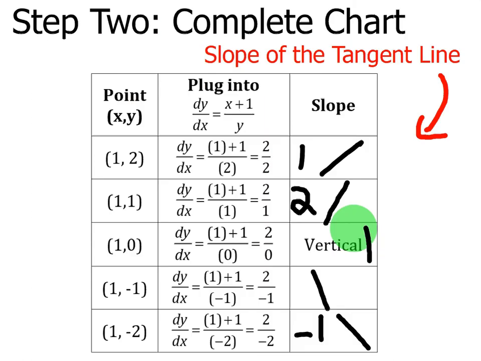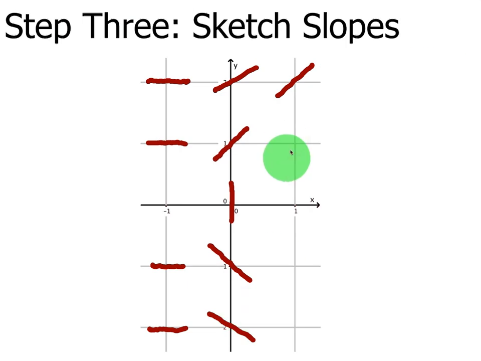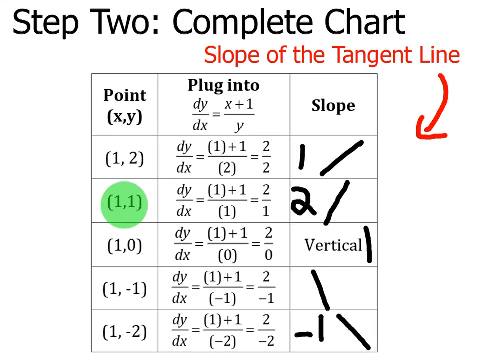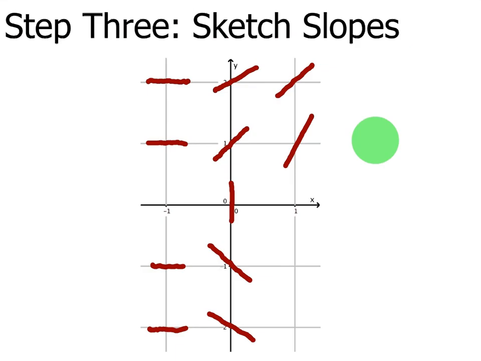Okay, next I'm going to have a slope of 2 at (1, 1). So again, it's actually going to be steeper than that one, so I'm going to make it look like that. At (1, 0), I'm going to have another vertical tangent, so it's going to look like this. Then I'm just going to go to the reverse again. So I'm going to have -2 right here, and then -1 right there. And that's it, folks. This is my slope field.